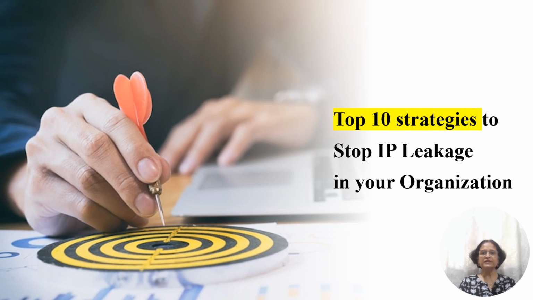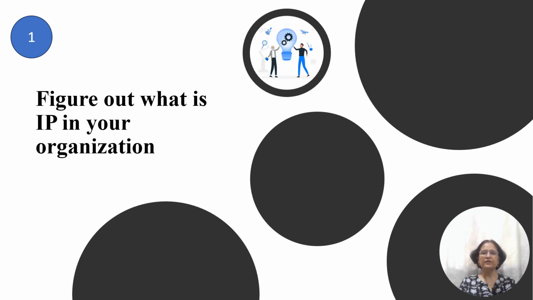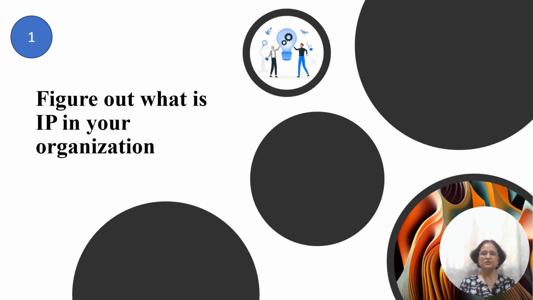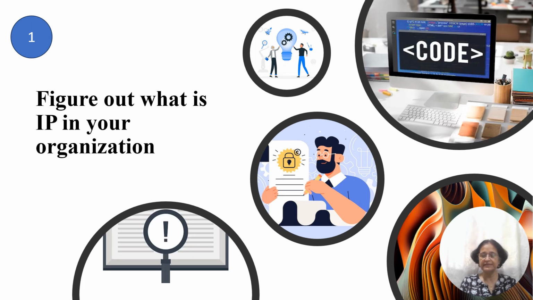The first point here is to figure out what all you have. Till the time you know what you have, you will not be able to safeguard it, or leakage points cannot be sealed. Till the time you figure out what all IP you have in your organization. Intellectual property could be in the form of your designs, software code, inventions, or it may be a secret called a trade secret.